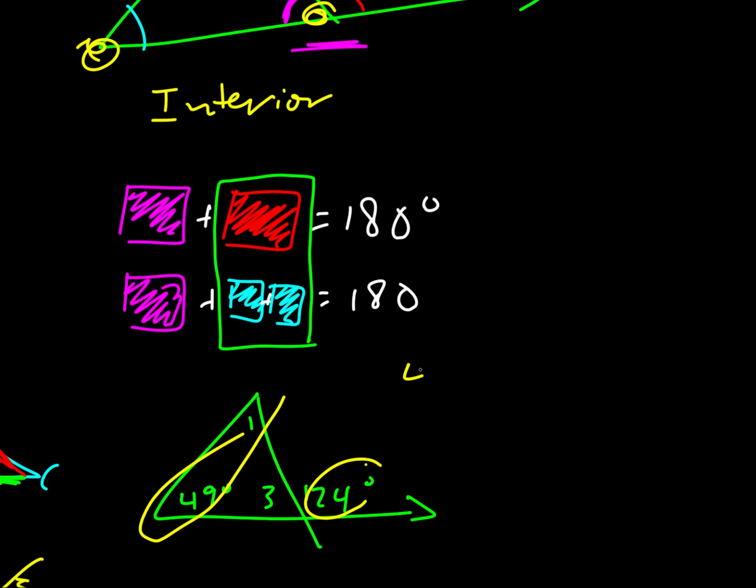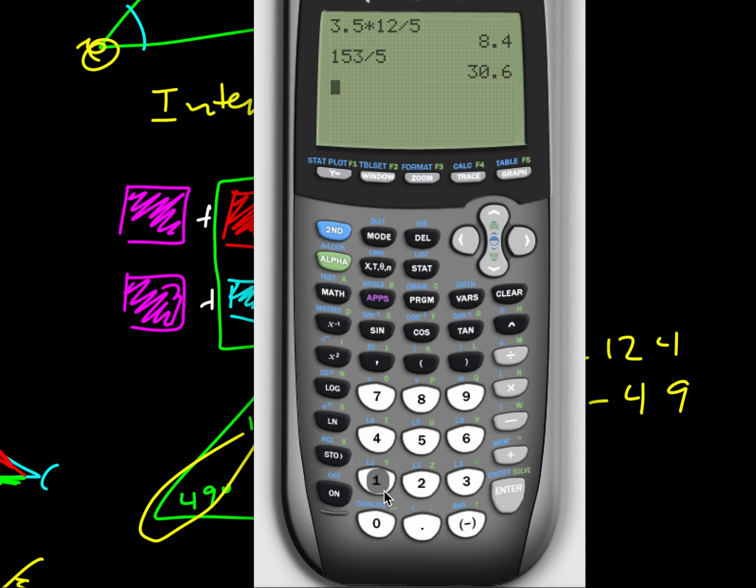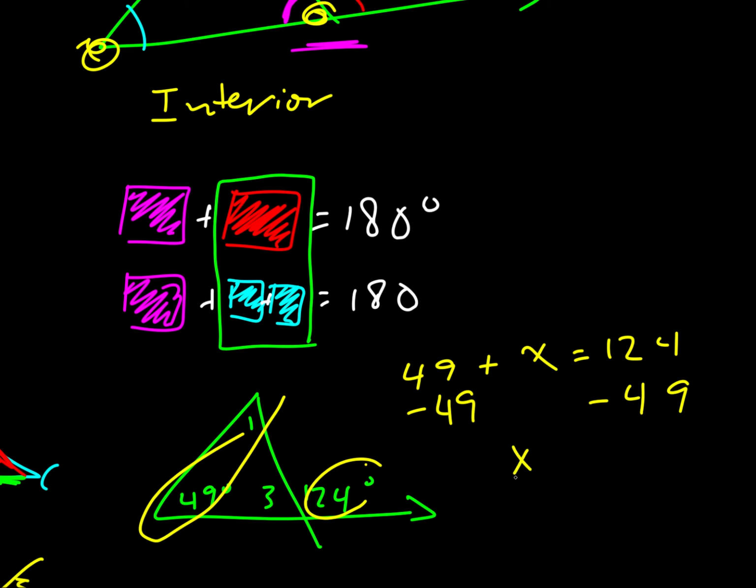And so if we say 49 plus, we'll just call it x for now, equals 124. So we minus 49, 124 minus 49, and we get 75. So x equals 75, and x was referring to this, so that's 75 degrees.